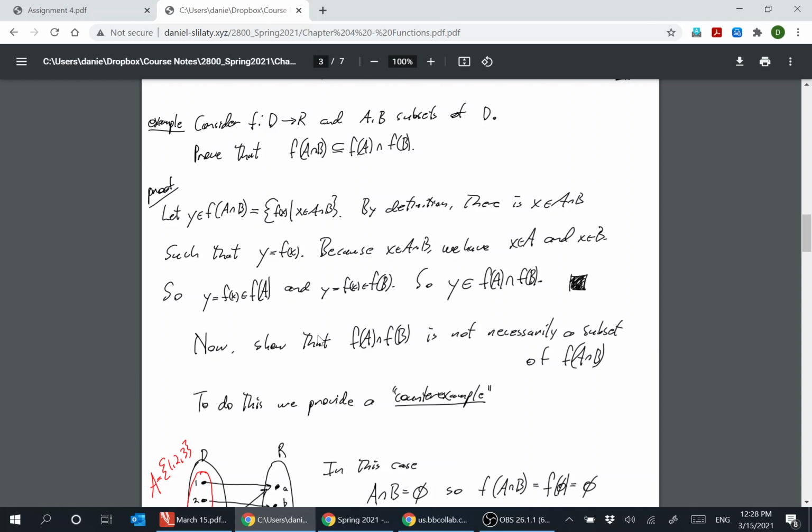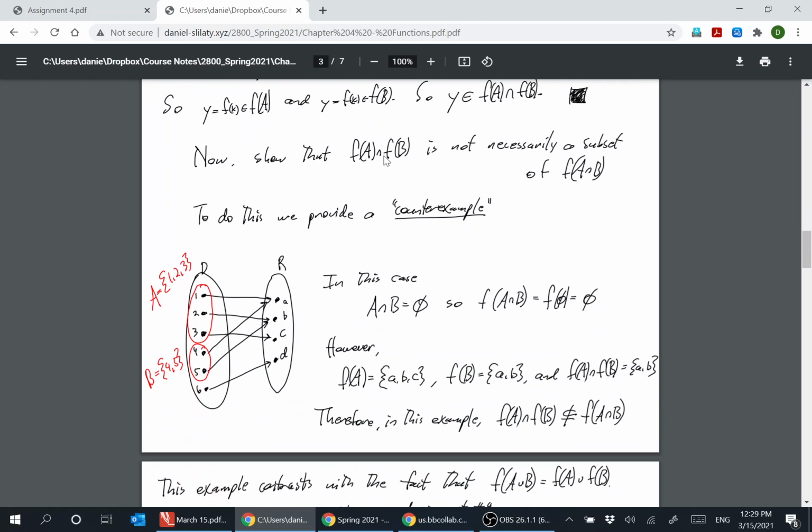Right, here it is. Consider f from domain to range, and A and B are subsets of the domain. We proved that f of A intersect B is a subset of f A intersect f B. And then the counterexample for the other way around: here's a function with domain and range, and we use these arrows to indicate which domain element goes to which range element.